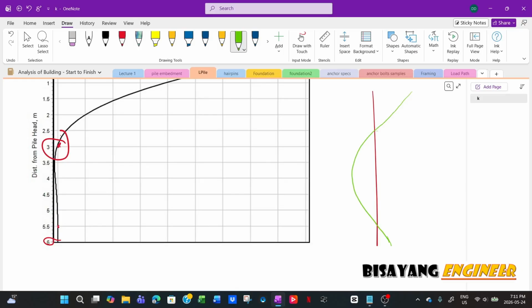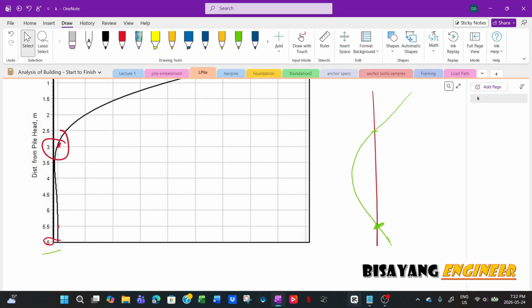This is at 3, and this is at 5.28. Now, technically, since it already crosses the origin again, you could terminate your pile at this depth. But I usually round it off to a whole number. So instead of 5.2, I could use 5.5, but I just use 6 meters.